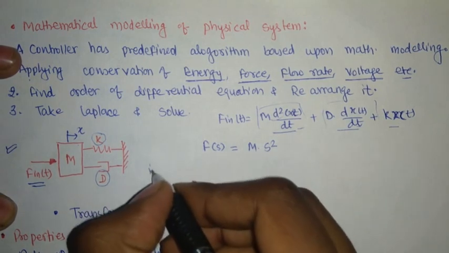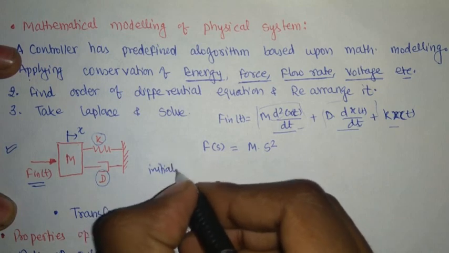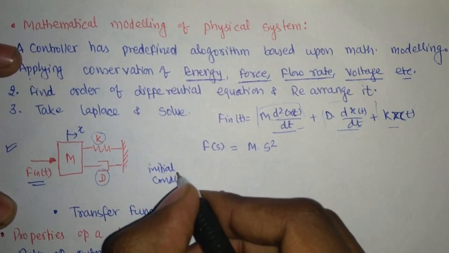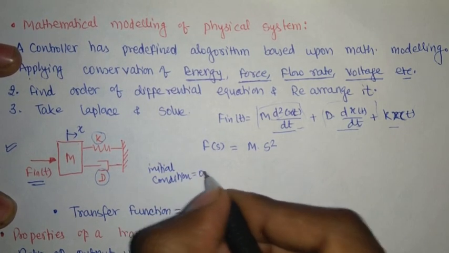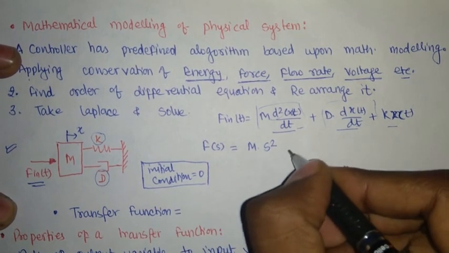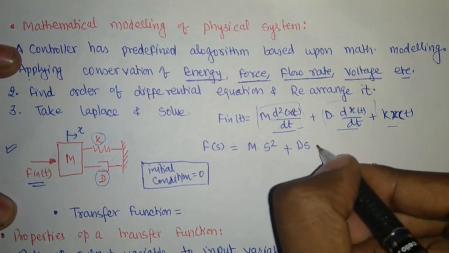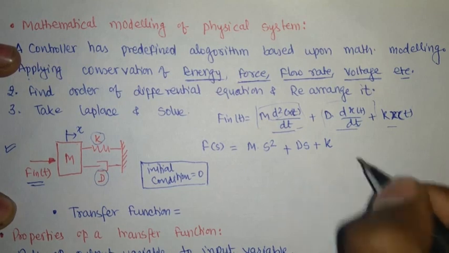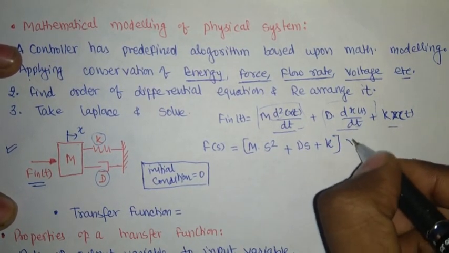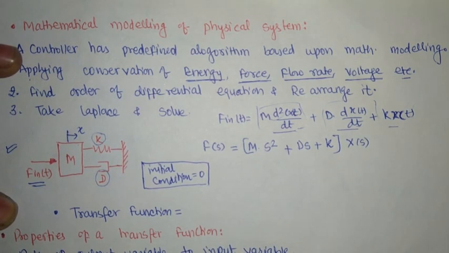I believe that you already know how to take the Laplace and what the conditions of a Laplace are. So by taking initial conditions equal to 0, this will become m s square, plus d s, plus k, right? Into, taking X common, X(s). I hope you don't have any problem till here.